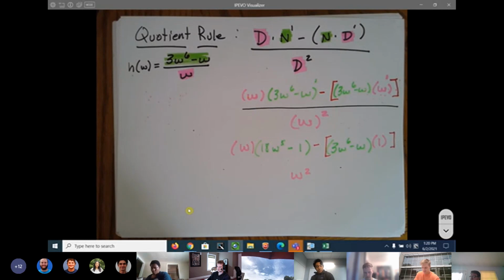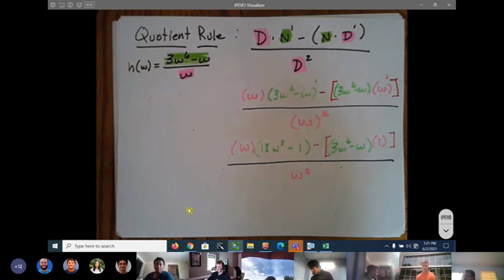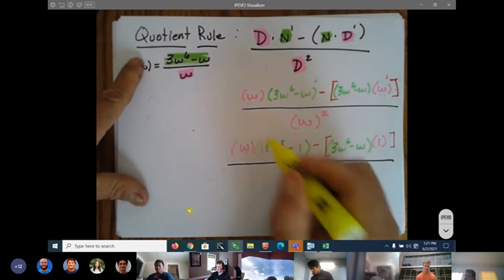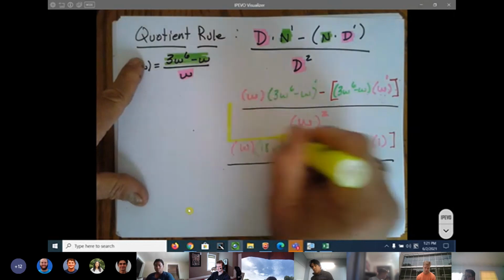Okay, now it's just a matter of you doing algebra. So I will take my yellow highlighter and I'm going to highlight this area right in here.